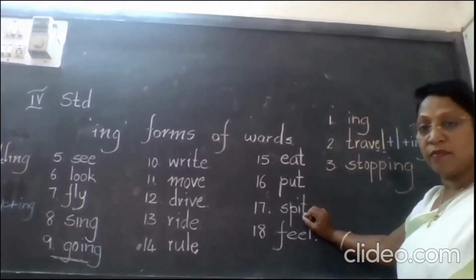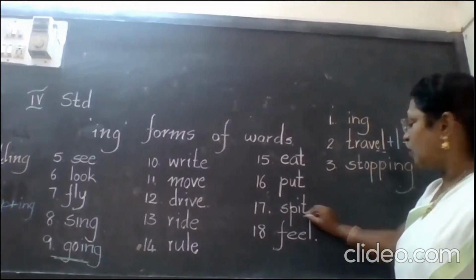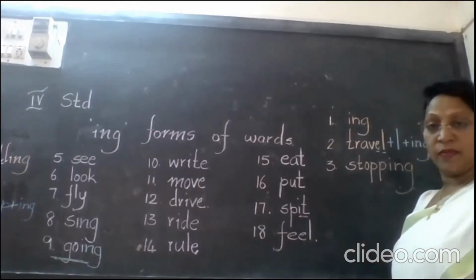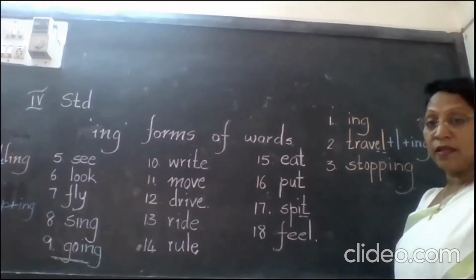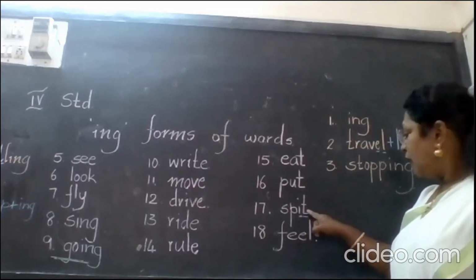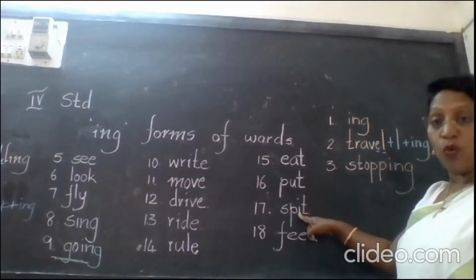What is this? Last two letters, watch it. Now this is a consonant and this is a vowel. So how will you write? Now S-P-I-T, spit. Last one is a consonant. Before a consonant you have the rule vowel.